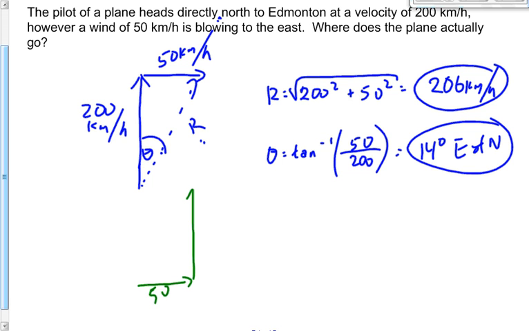We've said many times before, it doesn't matter what order you add vectors in, right? As long as you make them front to back or head to tail. The resultant vector would still be your dotted line. Theta would end up being 76 degrees, but 76 degrees north of east instead of east of north. It's the exact same answer though, right?